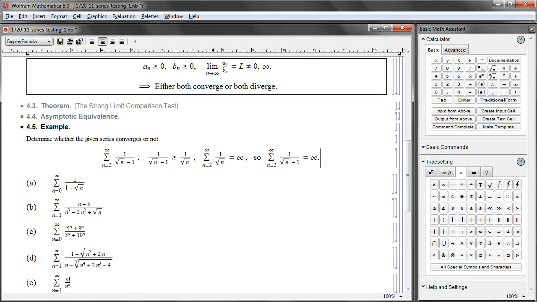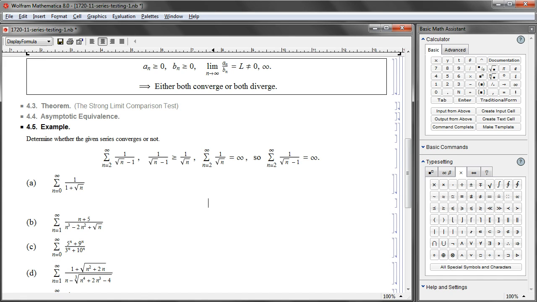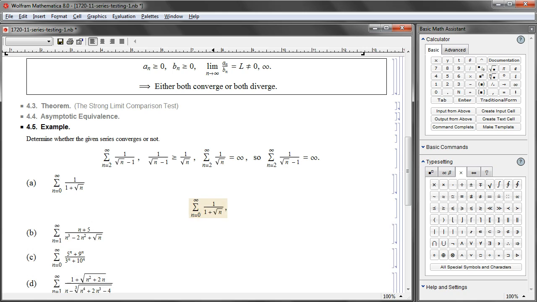Now let's try to do the same thing with this problem A. Very quickly we are going to come up with trouble. If I compare that with 1 over square root of n, this is what I'm going to get, because if I increase the denominator, then we're going to decrease the fraction.